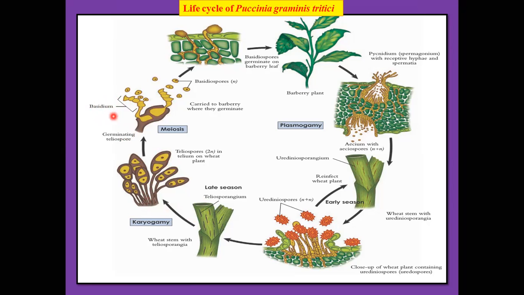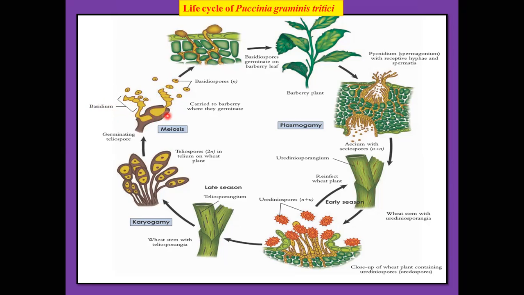So the single basidium having the sterigmata means basidiospores are produced on this four-celled promycelium. So this is the basidiospore produced at the sterigmata portion of this basidium.